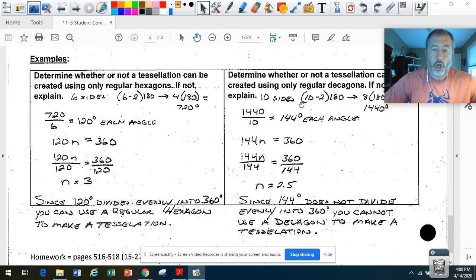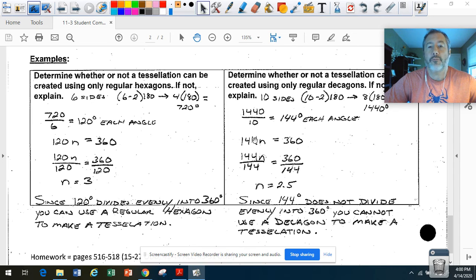So the total degrees of the interior angles of a regular decagon is 1,440 degrees. We need to see what each angle's measure is, so I'm going to take my 1,440 degrees and divide that by 10 because it has 10 sides, which gives me 144 degrees. That is the measure of each angle inside the decagon.